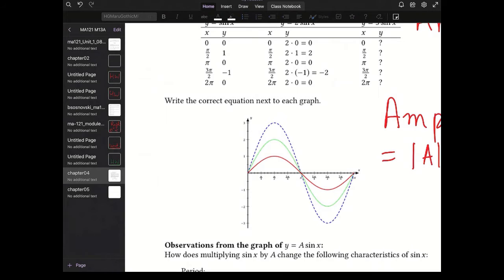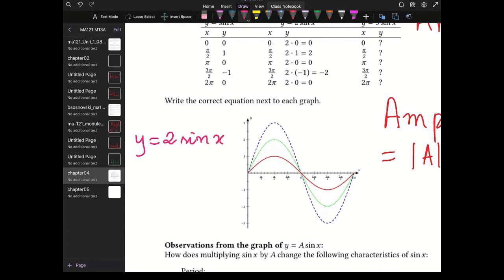So the red curve is the basic function. If you have y equals 2 sine of x, notice that the amplitude is the absolute value of the number in front of sine, which is 2. And you can see that is referring to the green line here, which represents 2 times sine of x.